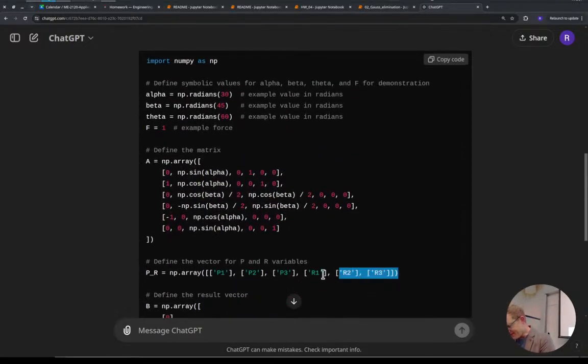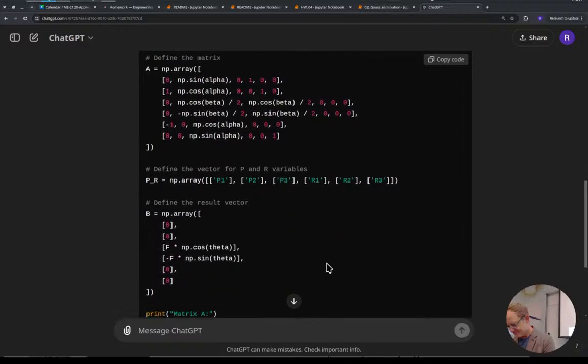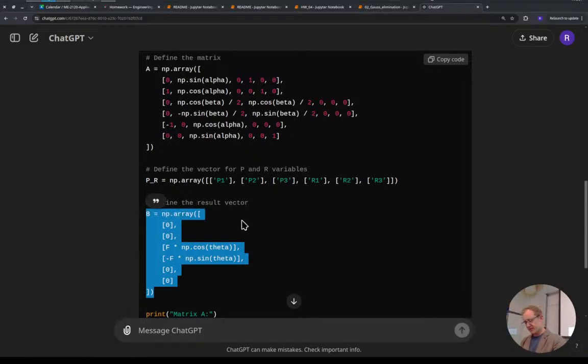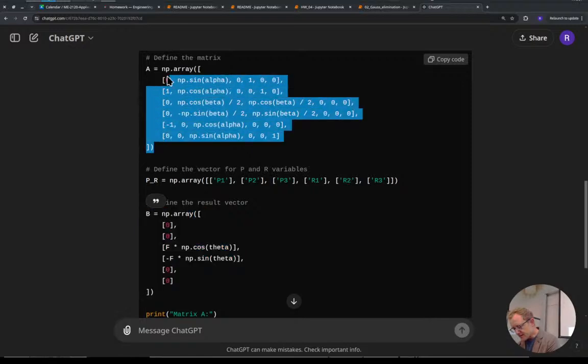I defined an array of text strings, but there's not really a reason to create a column vector versus just a one-dimensional vector, but it'll still work as long as this is 6x6, and then this has 6 values in it.